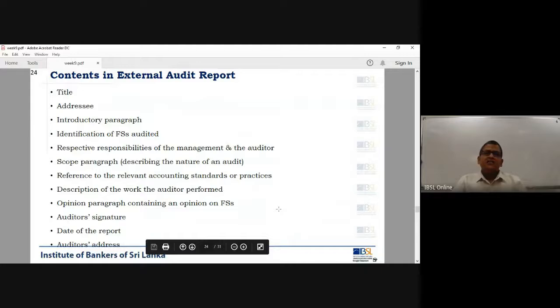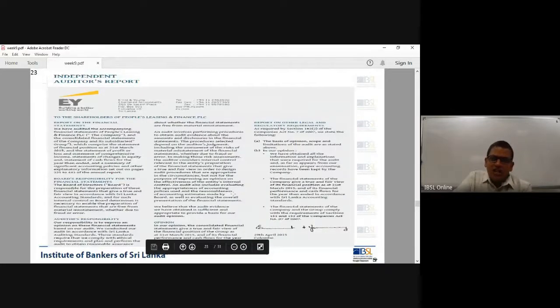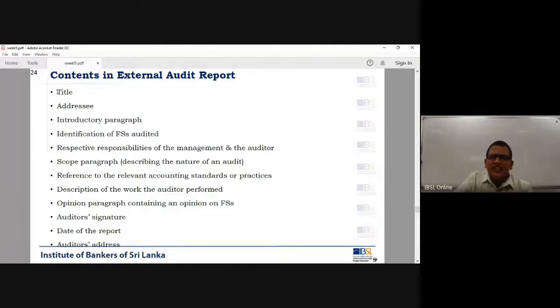And in the contents of an external audit report, this is a sample of the reports. I think it is the EY report given for a finance leasing PLC. Generally, in an audit report, there may be a title, an addressee, an introductory paragraph, identification of the financial statements audited, and the respective responsibilities of the management and the auditor.